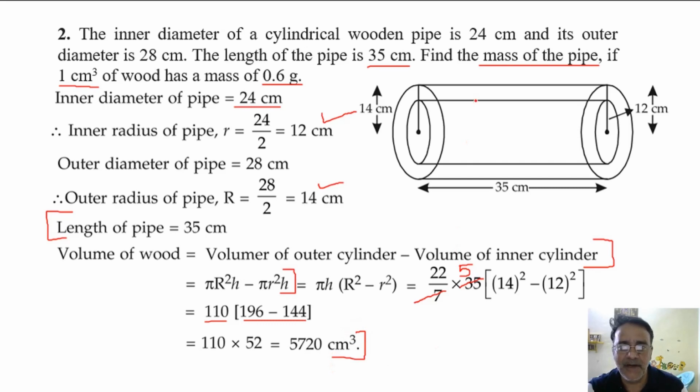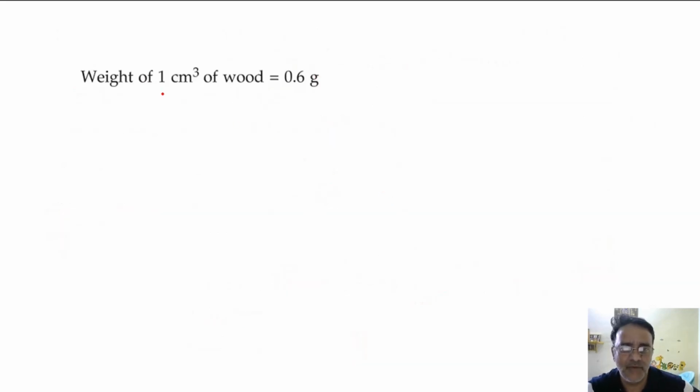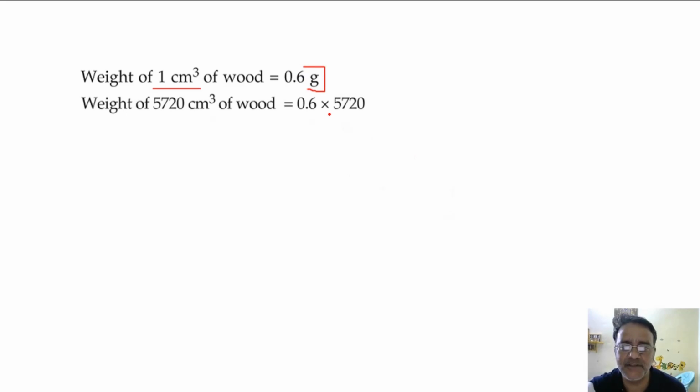Now the mass of 1 centimeter cube is given as 0.6 gram. So 0.6 into 5720, you'll get 3432 gram.